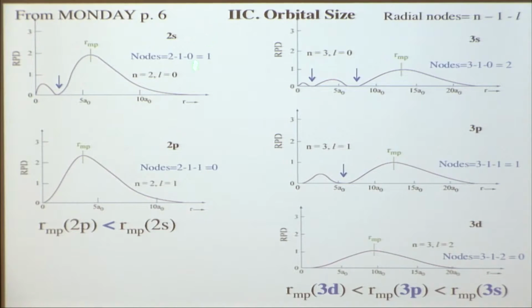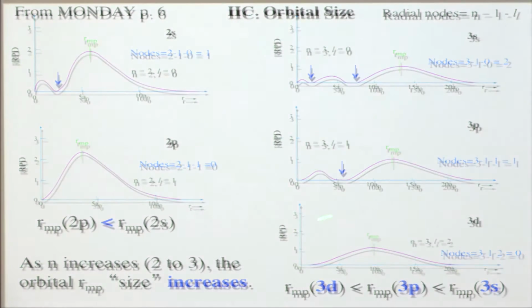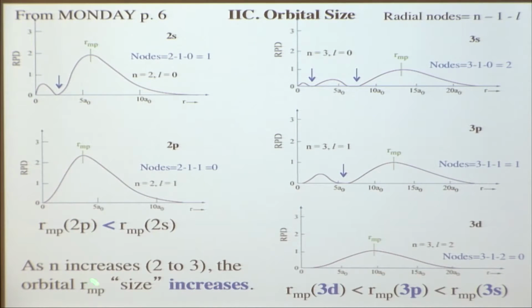One, as we increase L within the same n number, and one going from a smaller value of n to a larger value, and then again within the 3, within the n value as we change L. So again, to say the same thing a different way, as n increases from 2 to 3, the most probable radius, or the size, increases. So from here to here, we have an increase in size.